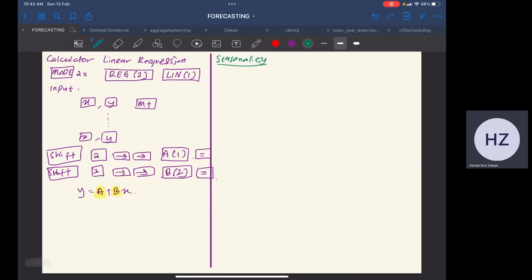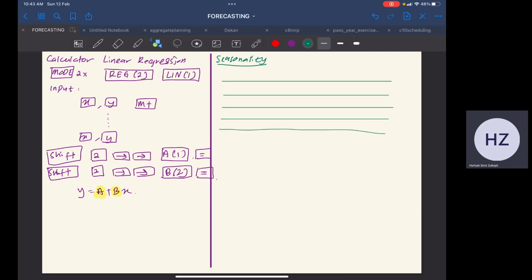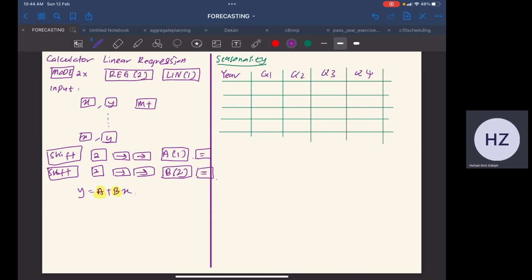So we will have a new table that has year, quarter 1, quarter 2, quarter 3, quarter 4, with years 2016, 2018, 2019. So this one is short.